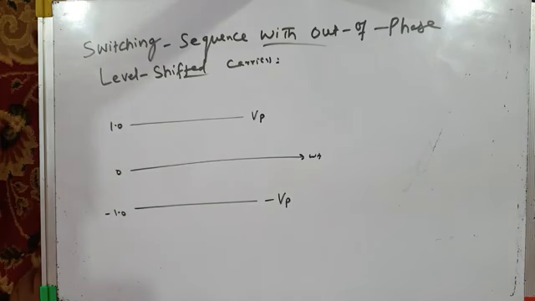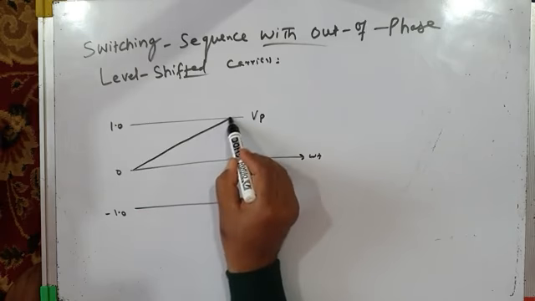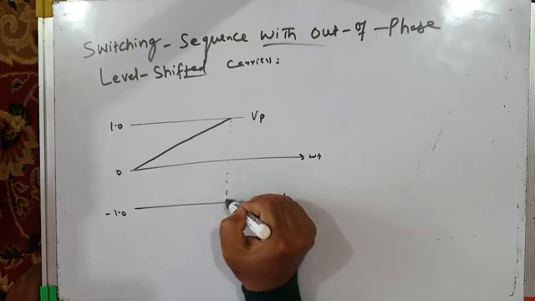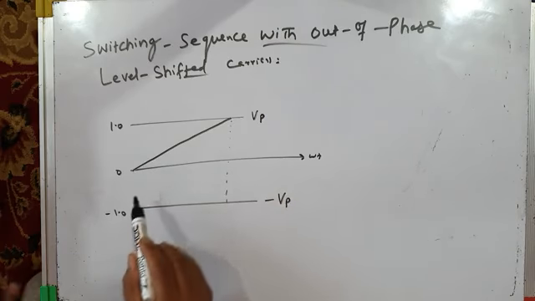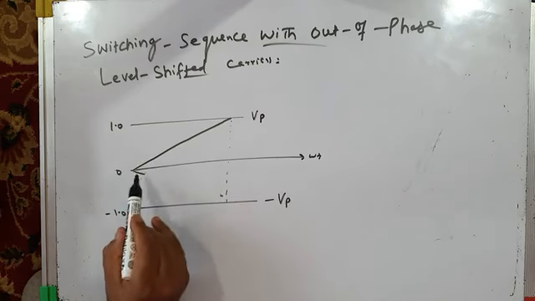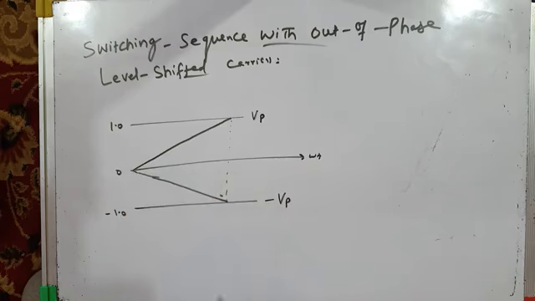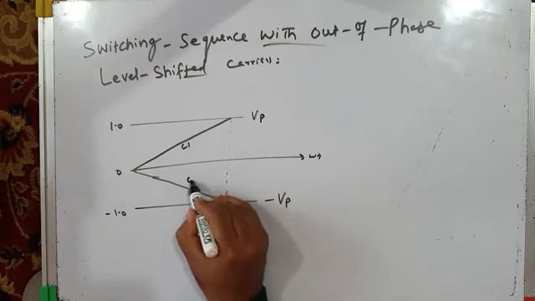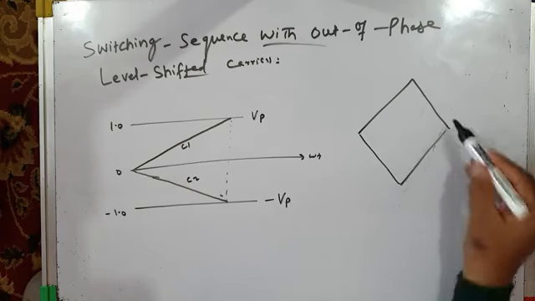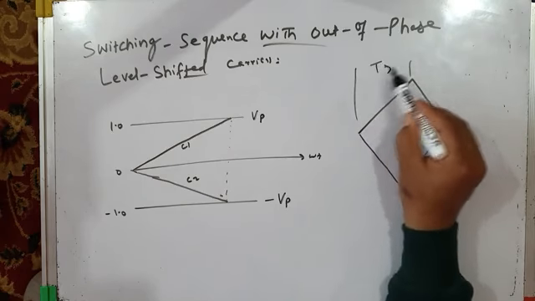I will now consider two carriers, and I will take half of the carrier. So this is one, and another carrier is out of phase level shifted. You can call this carrier 1, this is carrier 2. Actually, if you take the full carrier, this is carrier 1 and this is carrier 2. But what I am doing is taking only half of the carrier, which we call the subcycle TS.